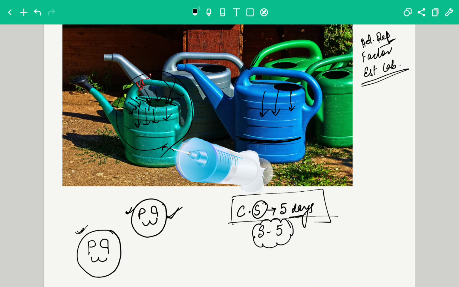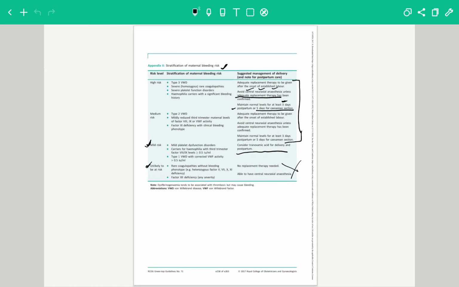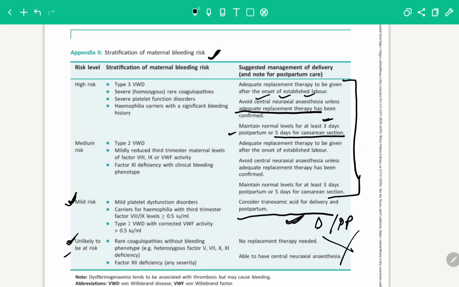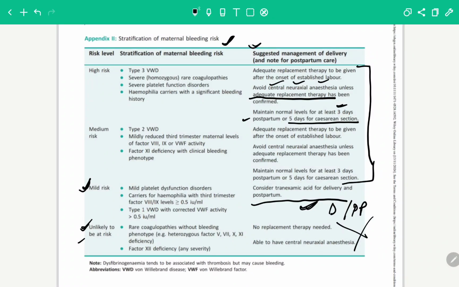Very, very easy. And for the other categories, we know that for the unlikely category, nothing much needs to be done. And for the mild risk, we have to only give tranexamic acid during delivery and postpartum. And one more thing we have to remember is all this that we're talking about is from established labor.